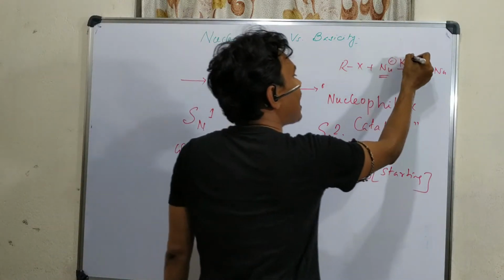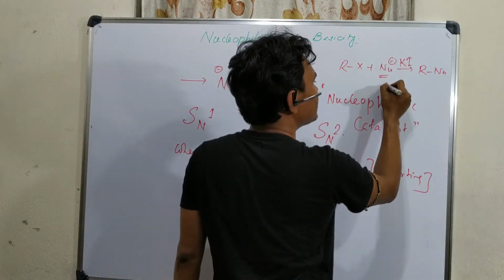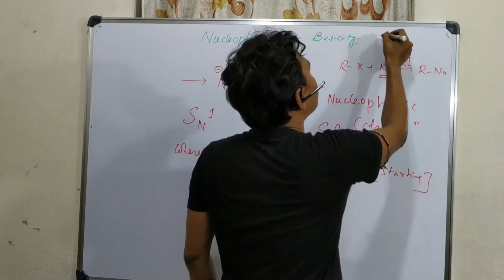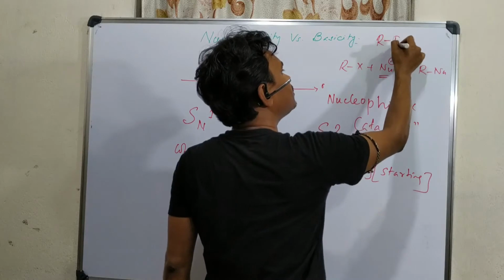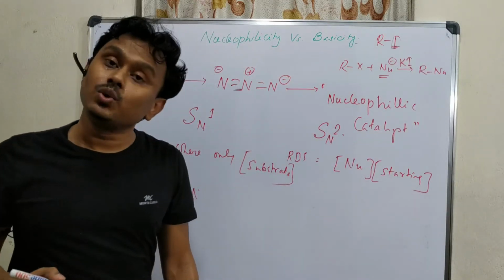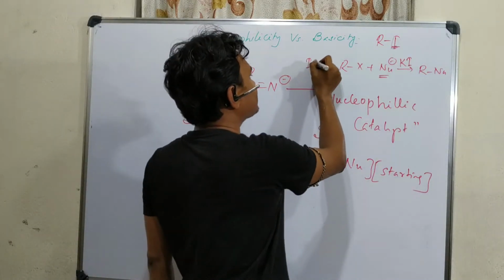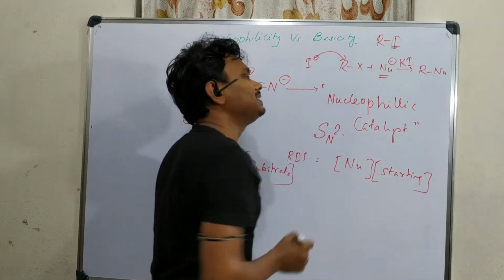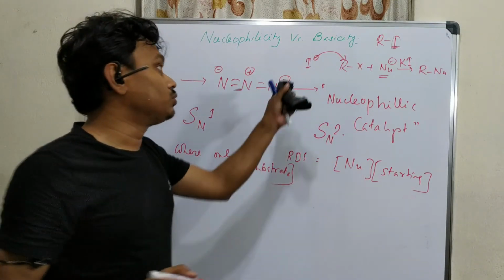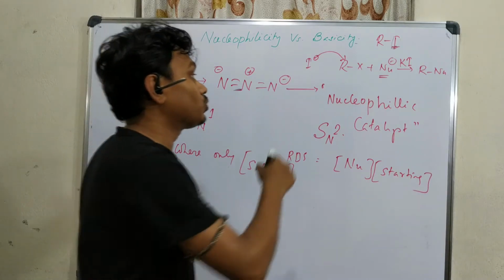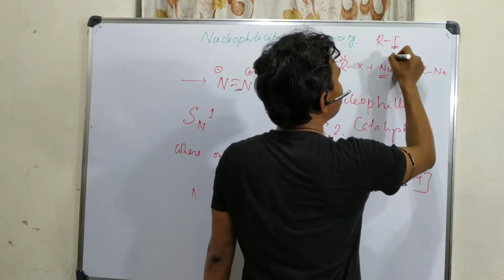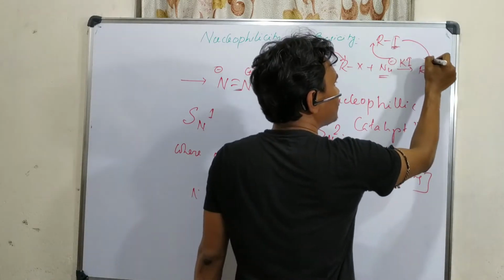These iodide ions first react with RX to produce RI, and we know iodide is a good nucleophile and also a good leaving group. So what happens? The nucleophile Nu attacks this R to produce the product.